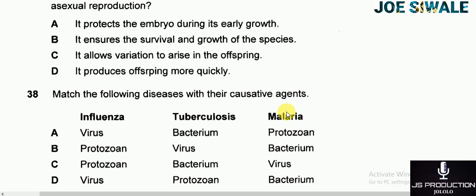B, influenza, I have protozoan, tuberculosis, virus, malaria, bacterium. C, influenza, protozoan, tuberculosis, bacterium, malaria, virus. D, influenza virus, tuberculosis, protozoan, and malaria, bacterium.